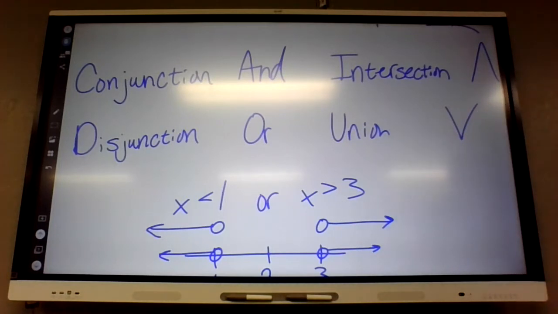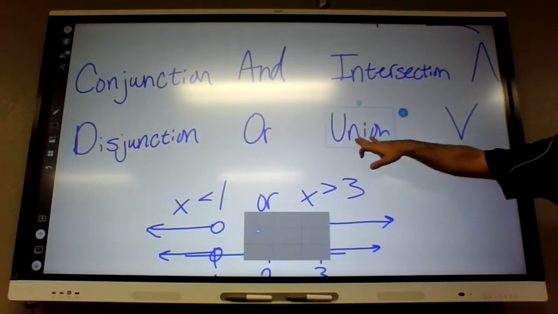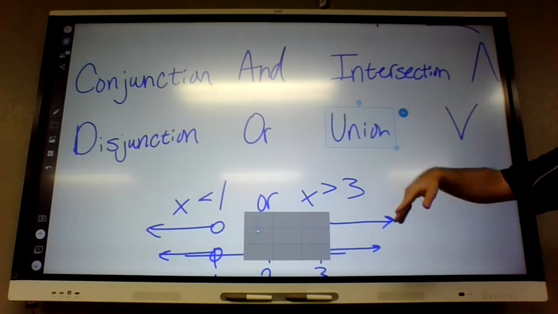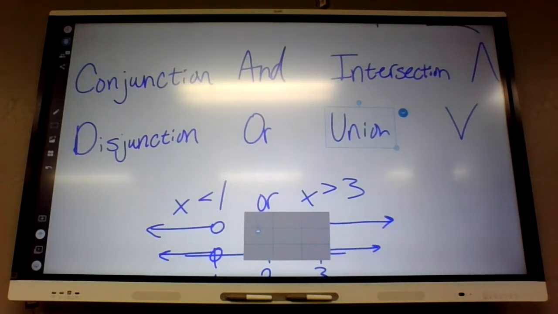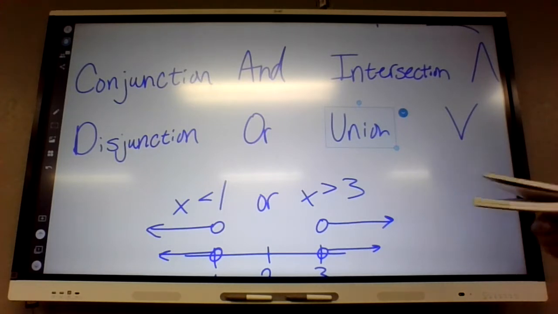Okay, 3 and 4, these are not very important ones, but I did write them up there. The solution to a disjunction is the what of the two sets? The union. Okay, number 5, the symbol V indicates a what? Disjunction.